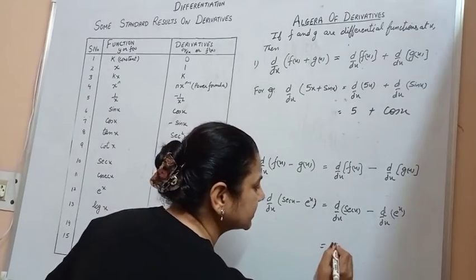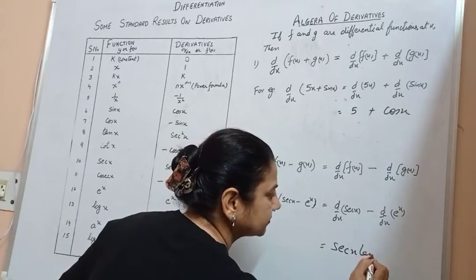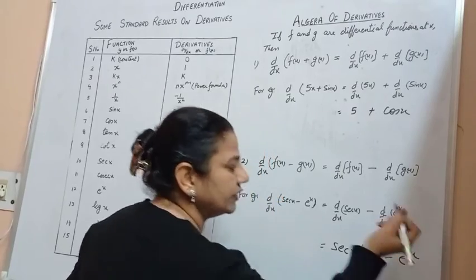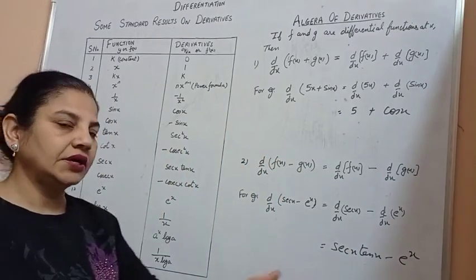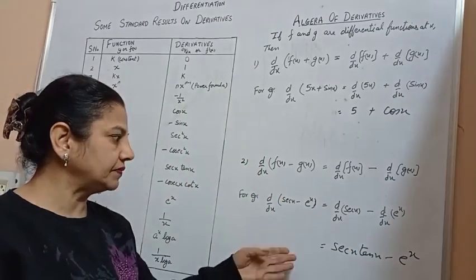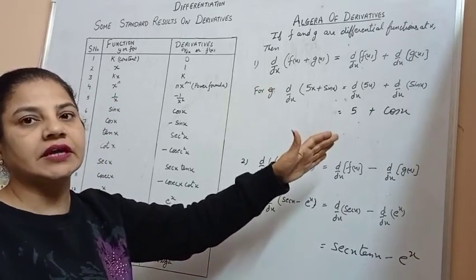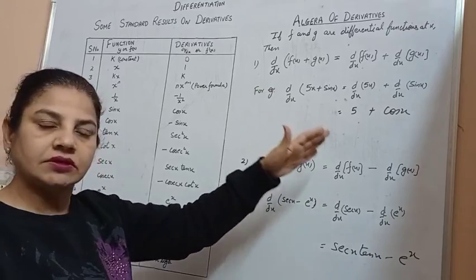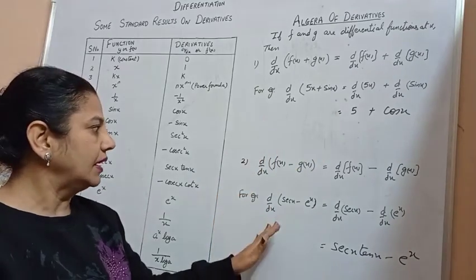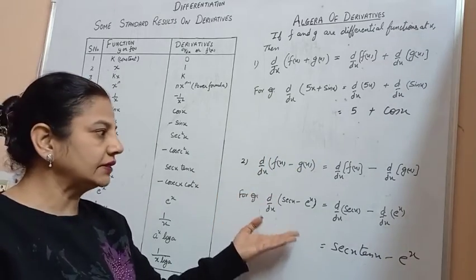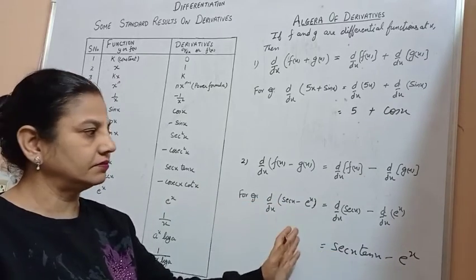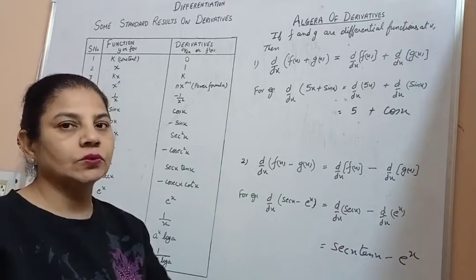The derivative of secant x is secant x tan x, and the derivative of e to the power x is e to the power x itself. So when the sum of two functions is given, we find the derivative of each function and then add them. And for the difference, we take the derivative of each function and then subtract them to get the result.